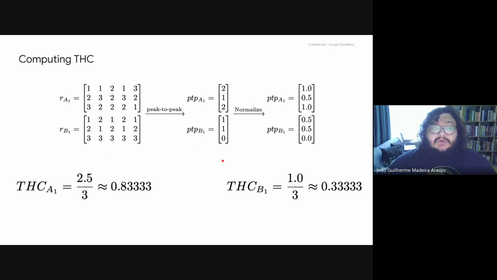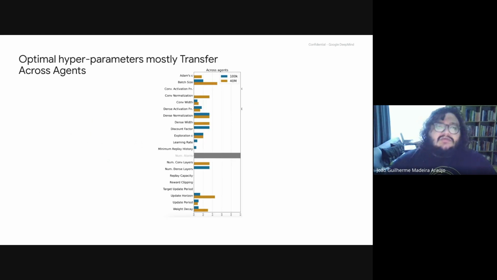So that's the metric we defined. We computed it for many cases. And using that, we reached some conclusions. So first of all, optimal hyperparameters mostly transfer across agents. Okay, so here we're comparing basically Rainbow and DQN, slight variations, more data efficient versions of them.